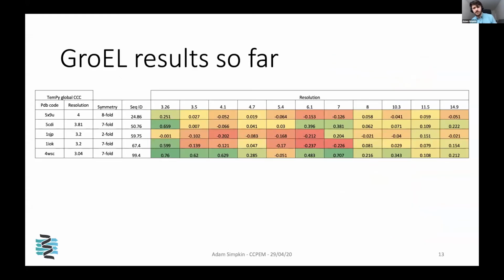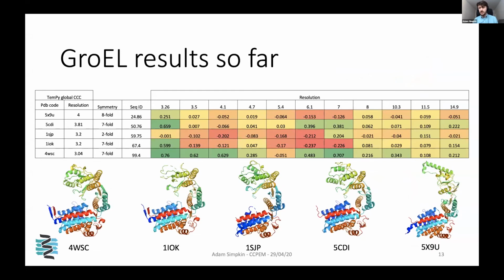So my results so far: I've got a table of 11 different EM maps at various resolutions, and I've got 5 different structures that I use as search models at different sequence identities. If I have a look at these, they all look vaguely similar. I've scored these by Tempy's cross-correlation score, and what we can see is a sort of mosaic of some things that have worked and some things that haven't.